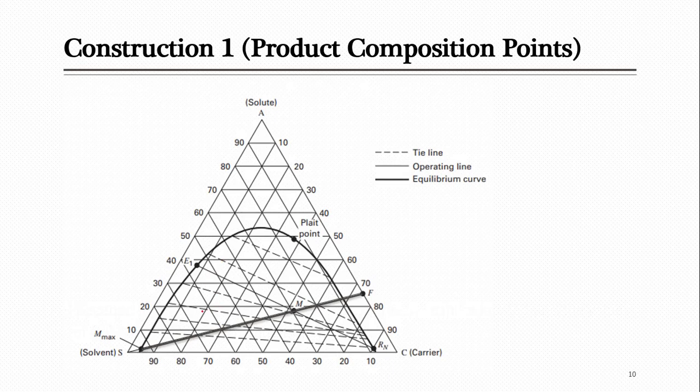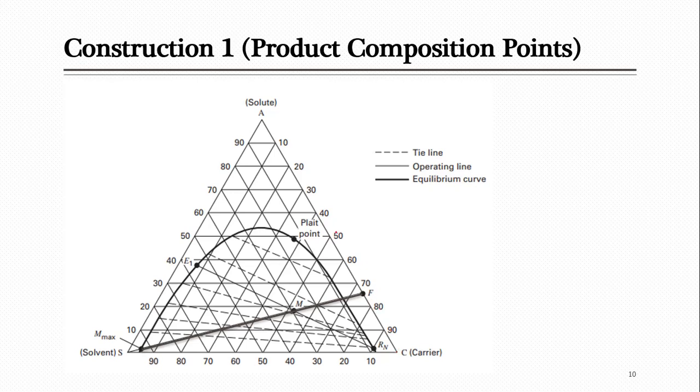So here you can see we have the feed. Now if you go back or remember, feed consisted of 24% solute and 76% carrier. So you can see this is the carrier, and carrier is 100%.